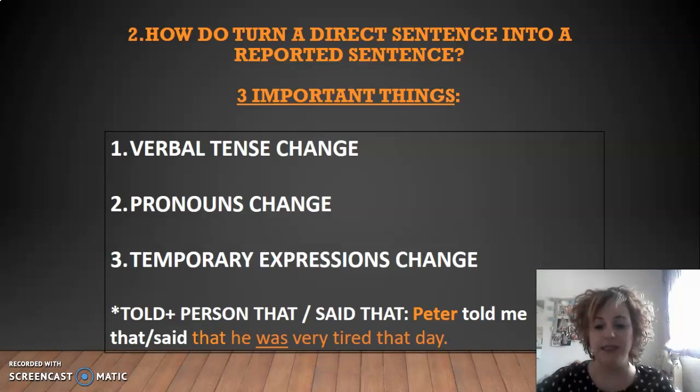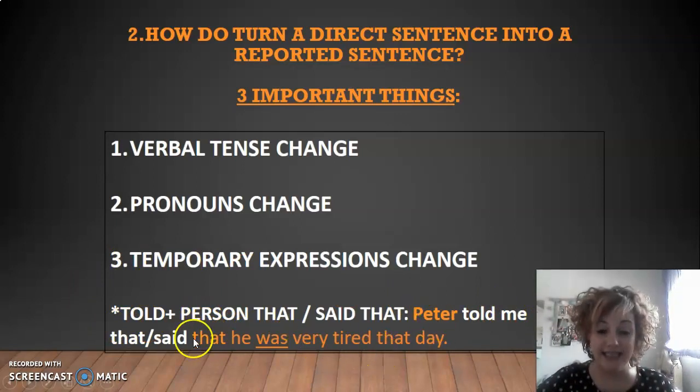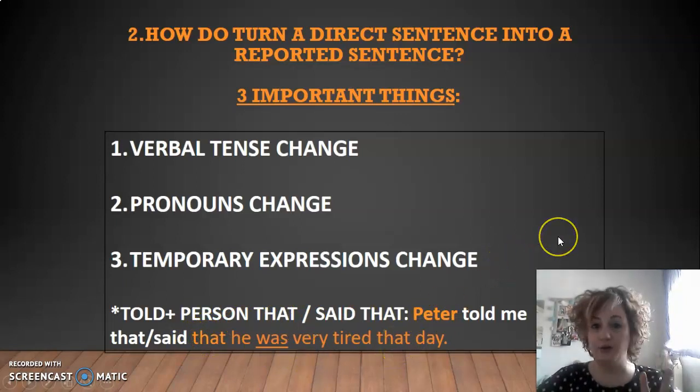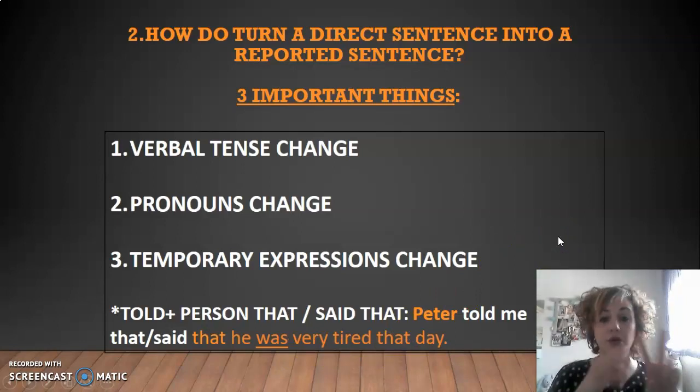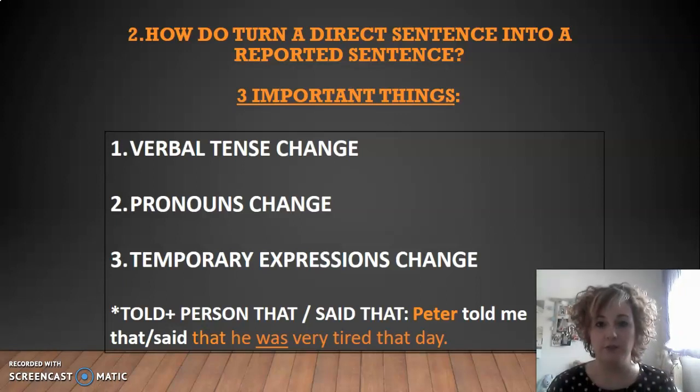So for example, you can say Peter told me, told plus the person, that he was very tired that day, or you can say Peter said that, without person, he was very tired that day, okay? So both ways are correct, but we have to remember that with told, we need a direct complement later, which is a person, and with said, we don't use a direct complement. So both ways are perfectly correct, okay?